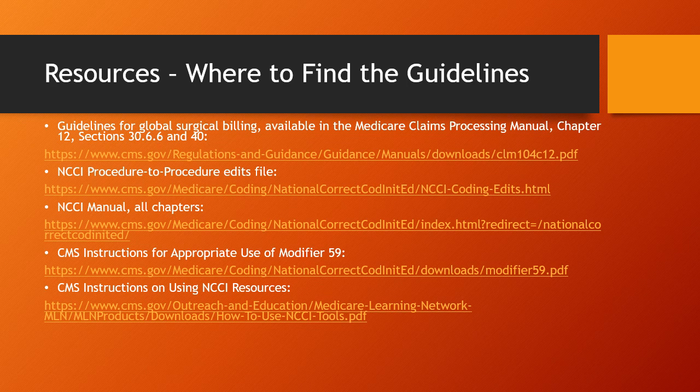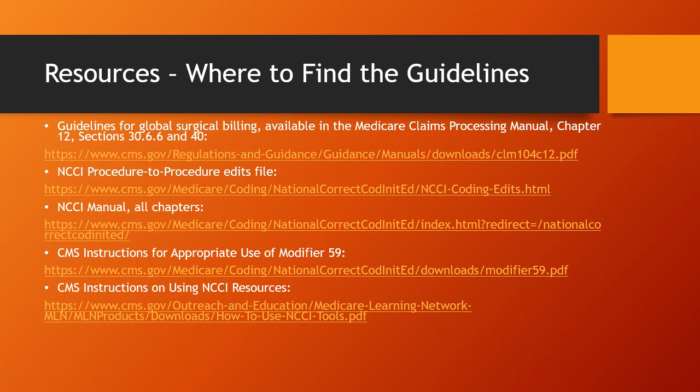You're actually going to get a zip file that contains the spreadsheets. There are a lot of different links. If you're doing physician coding, you want to download the practitioner edits files. There's a big list, organized by the dates that they're effective, so you want to use the version for the date of service you're dealing with.